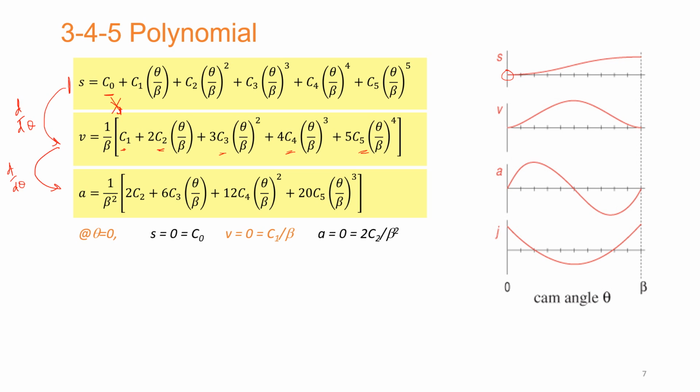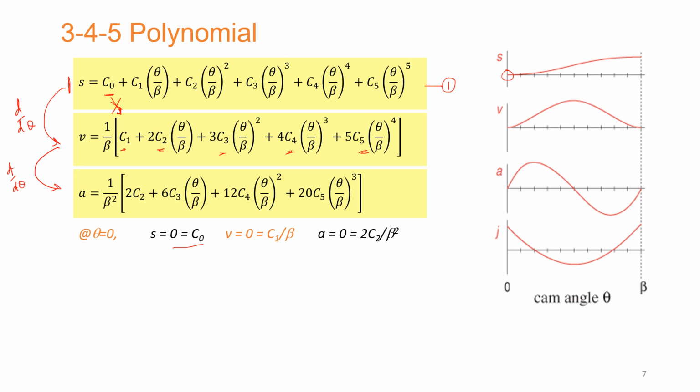And when you plug in this value of S equal to 0 in equation number 1, you are going to obviously find out C0 to be equal to 0, because theta is equal to 0 and in that particular case, all the other terms are going to reduce to 0. So that would obviously mean that C0 is necessarily equal to 0 in this case.